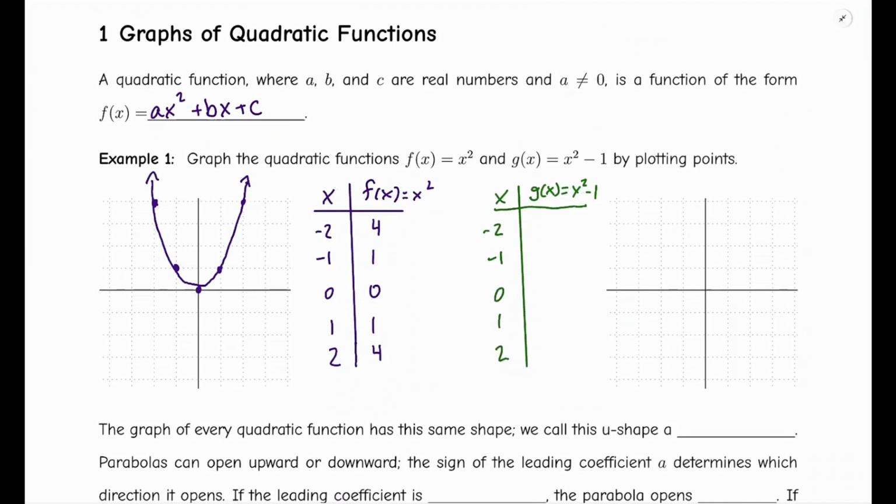Now I need to square them and subtract 1. So we'll get 3, 0, negative 1, 0, and 3. And now let's plot those. Again, if we assume this general shape, we'll get this U shape.